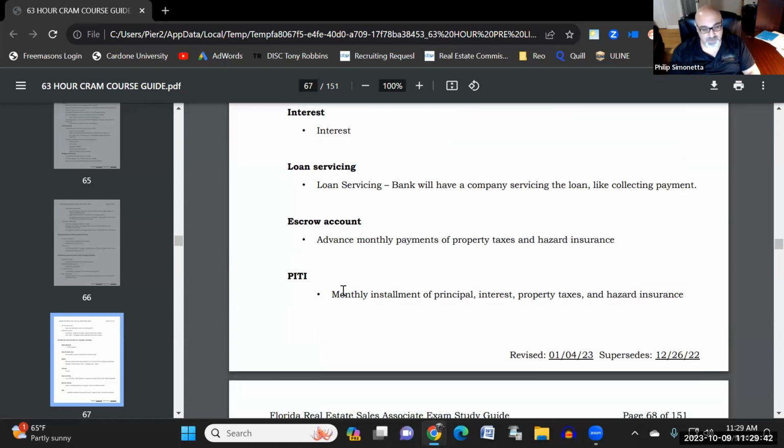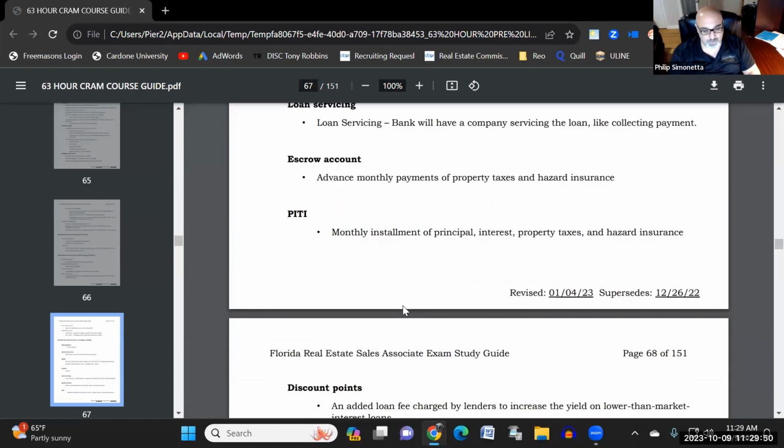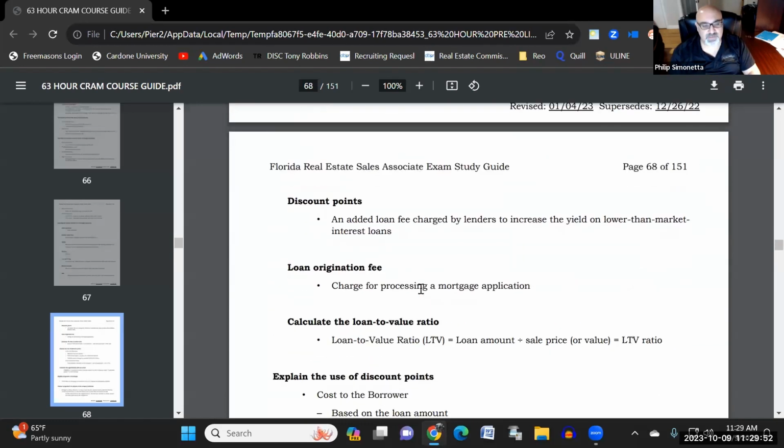So PITI is, like I just said, the monthly installment of principal and interest. And if your property taxes and insurance are included, that's your PITI, right?